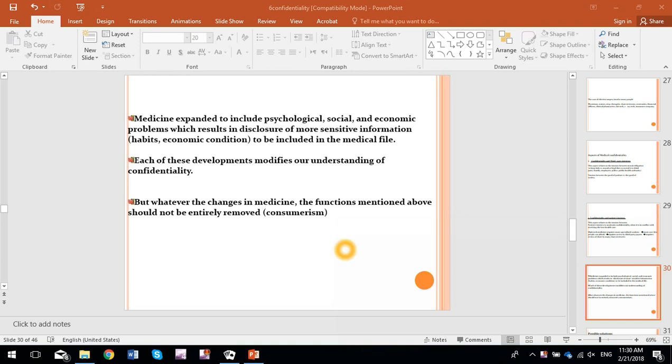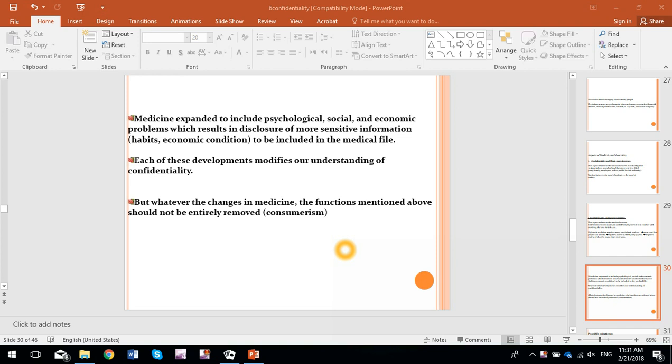Medicine expanded to include, now, if you go and take the history from the patient, you start with the social history, then the complaint. There is also the psychological status of the patient and the economic problems of the patient.